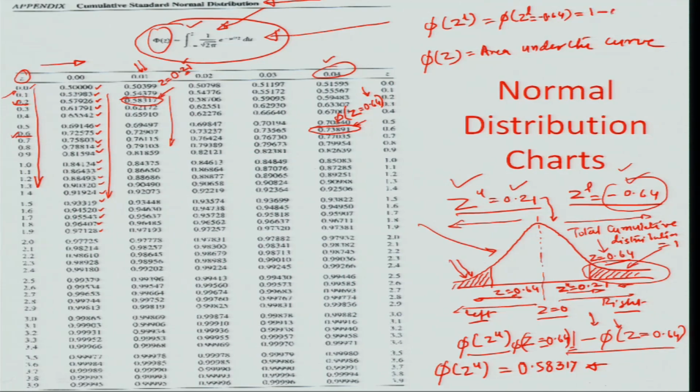The lower variate, minus 0.64, can be 1 minus the cumulative distribution of z equal to positive 0.64, so 1 minus 0.73891, which records as 0.26109.